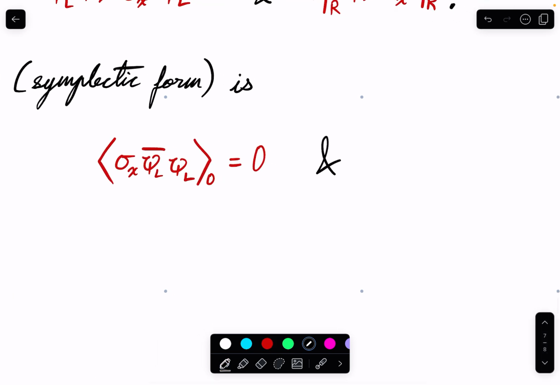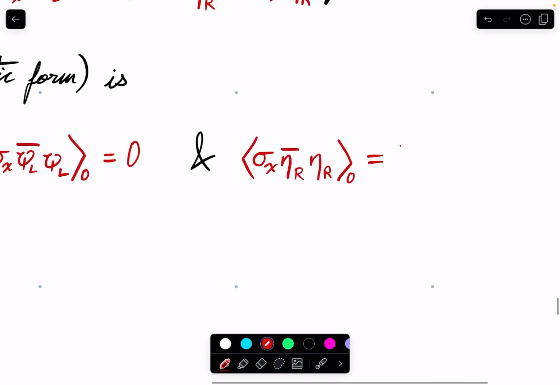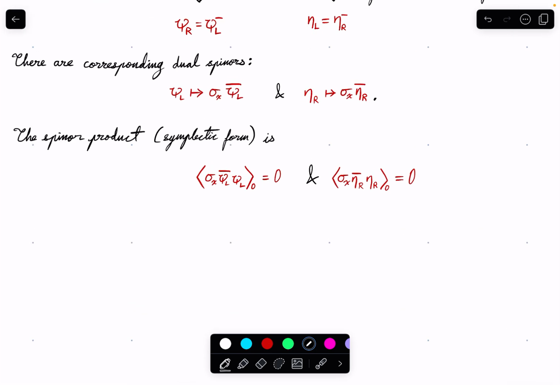And there's an equivalent property for right spinors. They have to be zero.